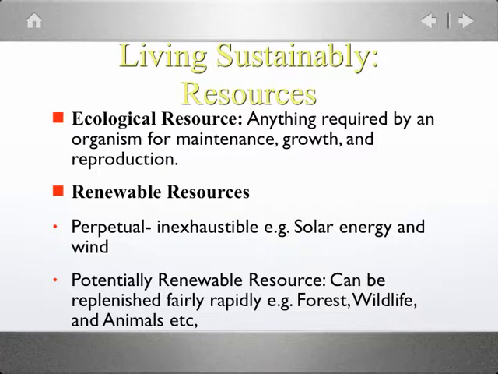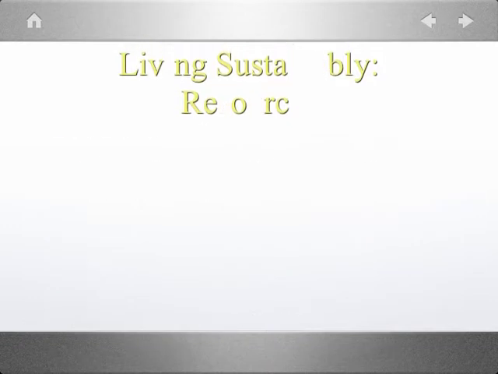So beyond the foreseeable future, we don't see that changing. Potentially renewable resource can be replenished fairly rapidly, right? So in that sense, we're talking about forests, wildlife, and animals. If these things are utilized for clothing, shelter, over time, a fairly quick amount of time, they can be replaced and start serving other purposes as well.